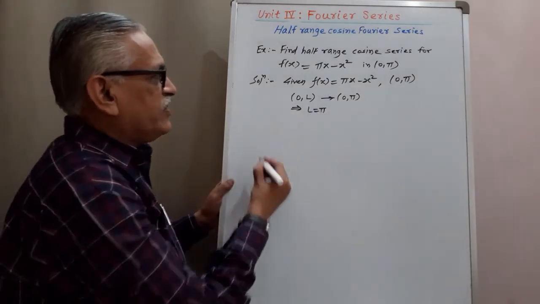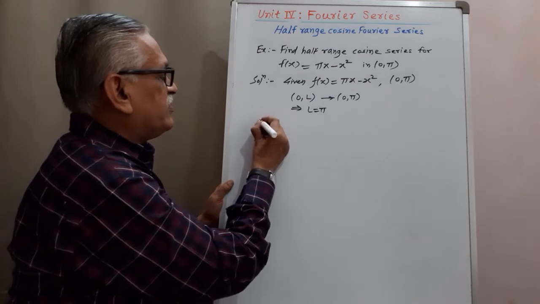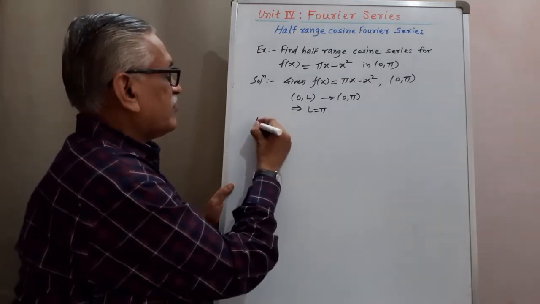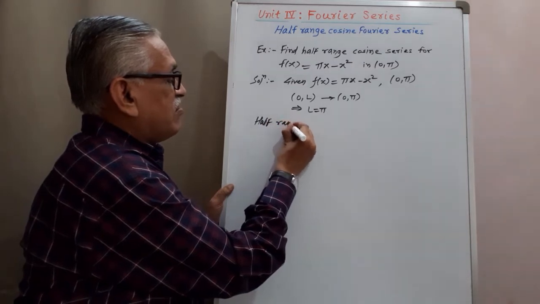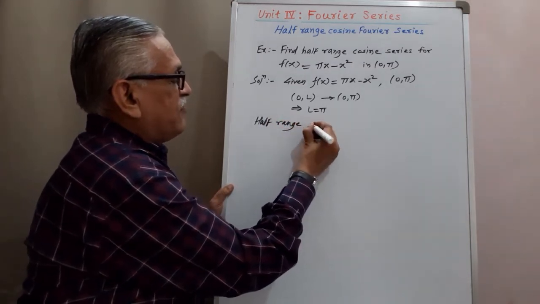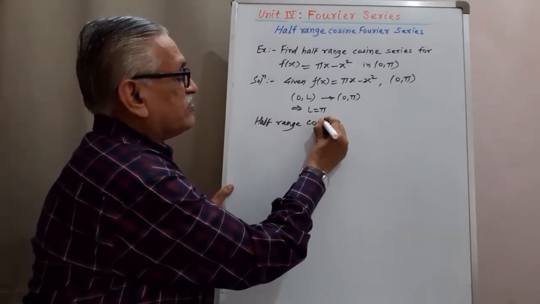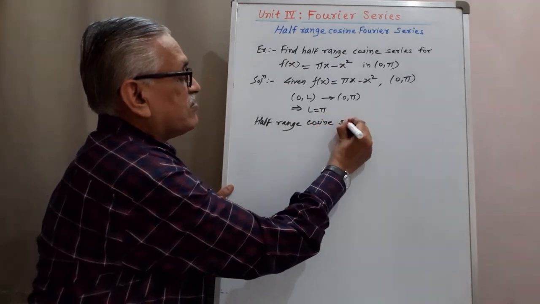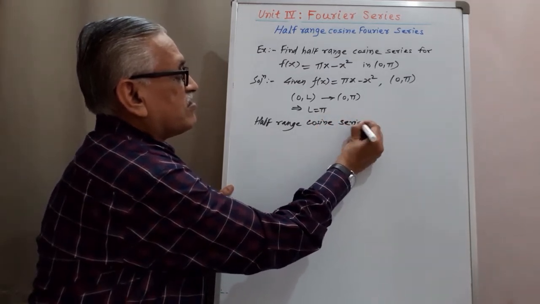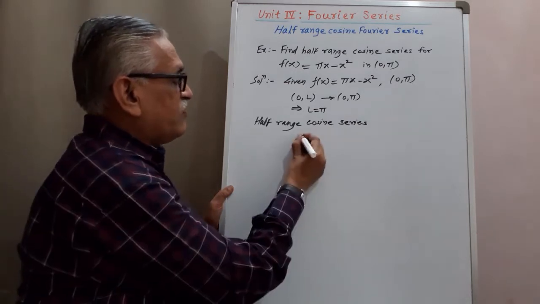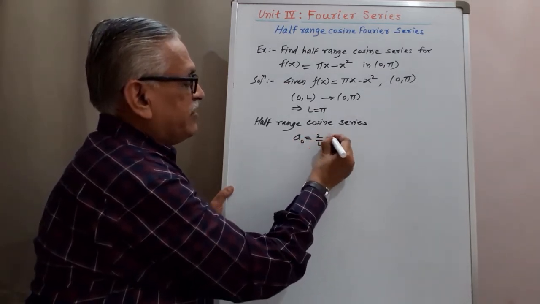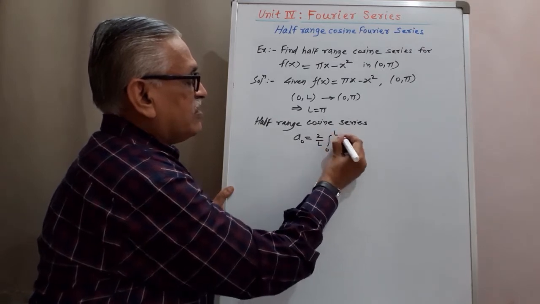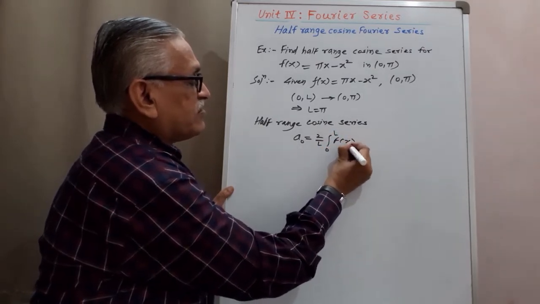And as we require to find half range cosine series, for half range cosine series, we have the value of A0 is given by 2 by L integration from 0 to L f of x dx.